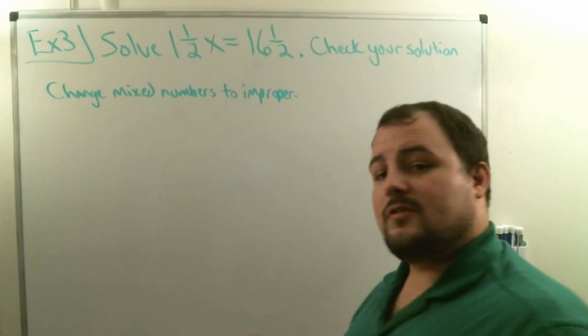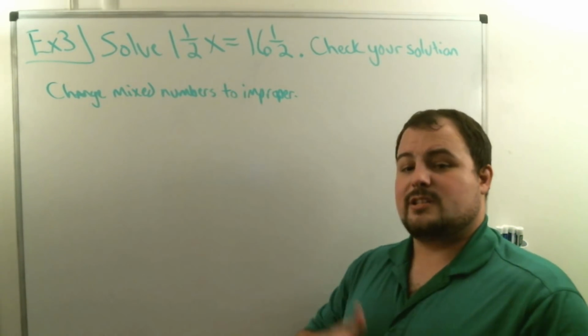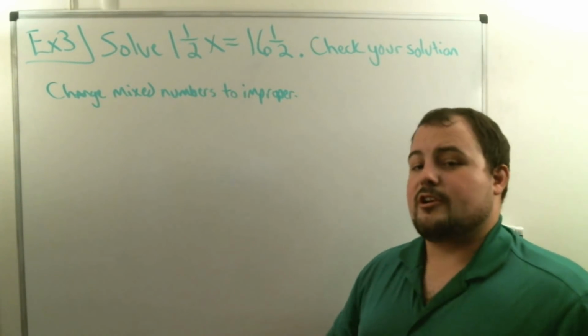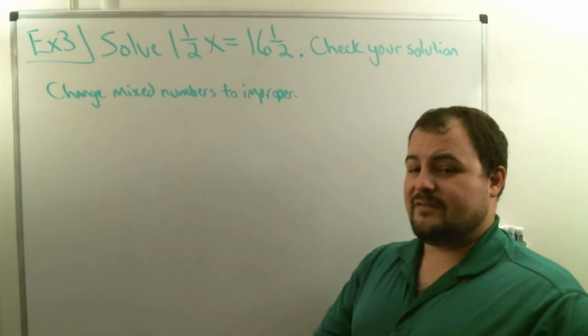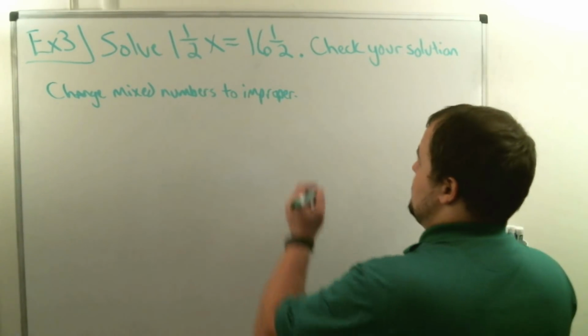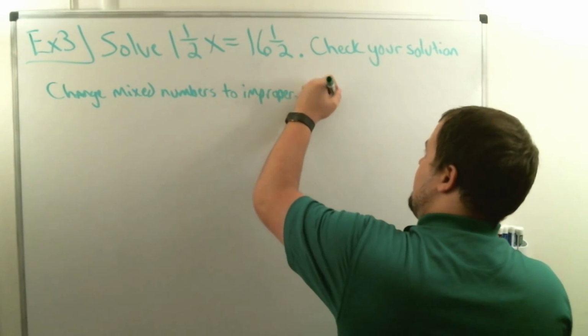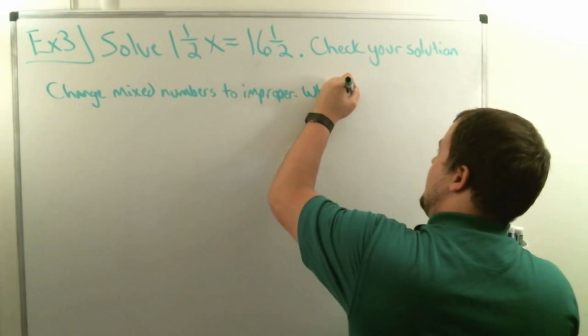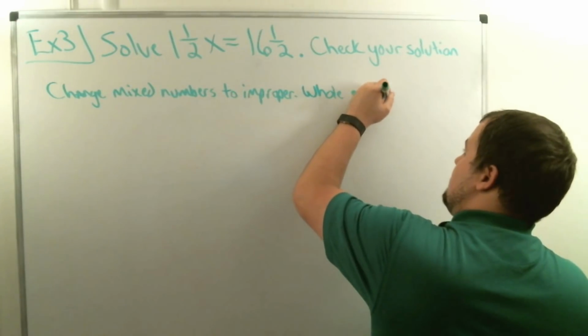Now, hopefully some of you remember how to do this from 5th grade, 6th grade, 7th grade. Now we're in 8th grade. We've been doing it for a while, but if you don't remember, all that means is we take the whole number and we times the denominator.